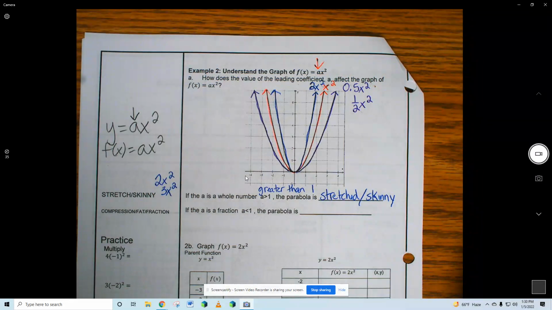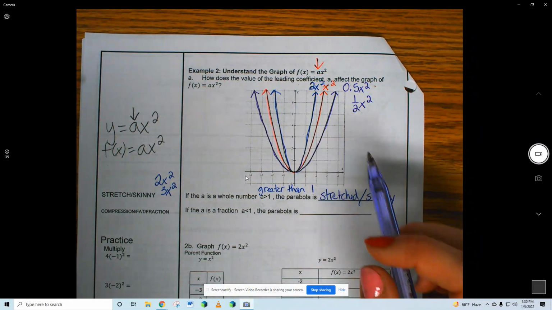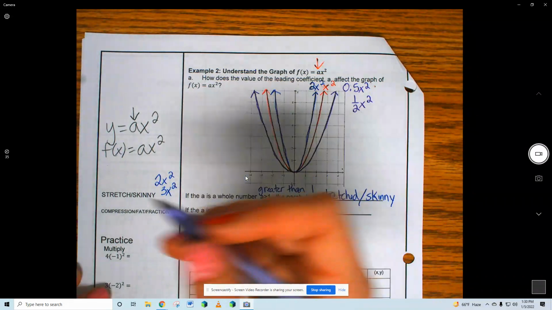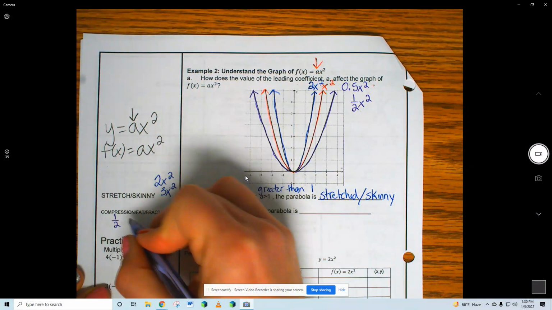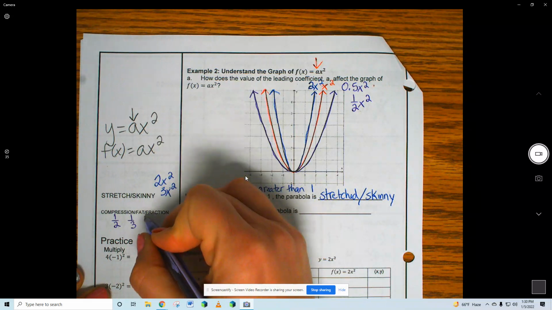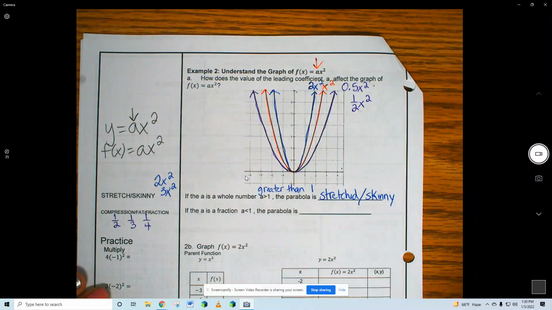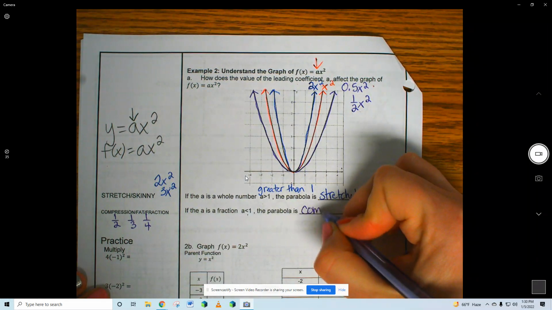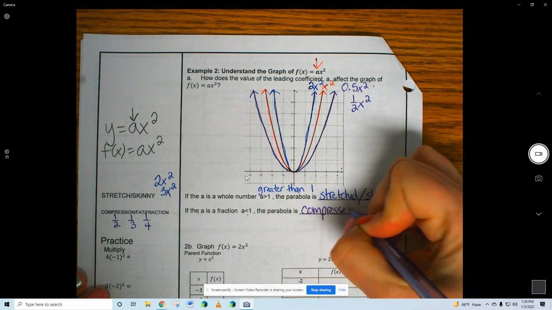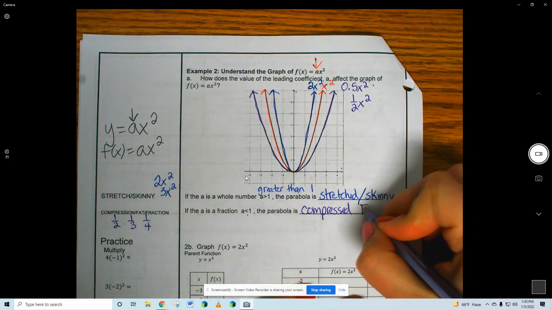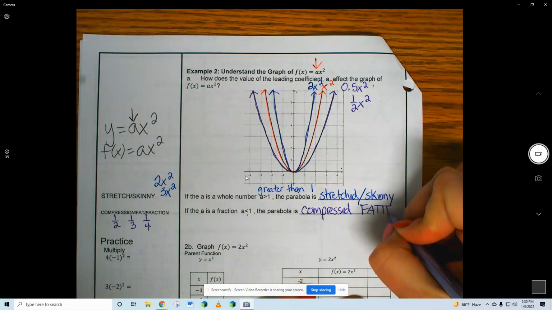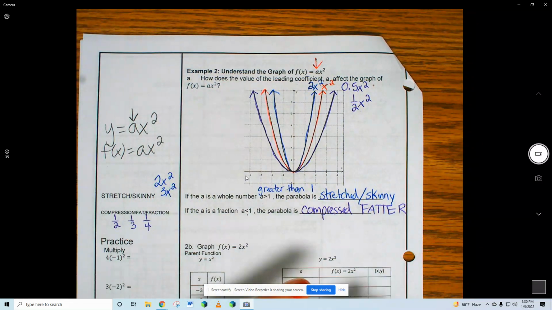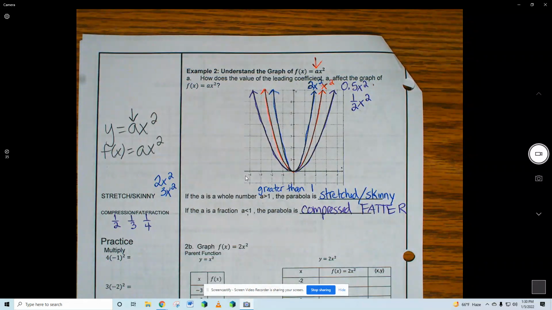My purple graph above had a fraction, like 1/2, 1/3, 1/4. If a is a fraction, the parabola is compressed, and it gets fatter, wider, expanded more.